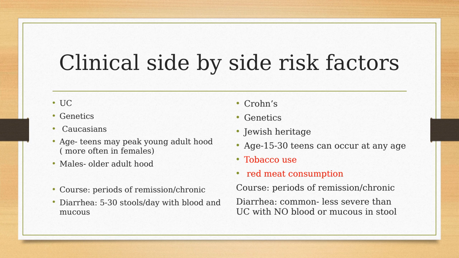So your female teenagers will most likely develop ulcerative colitis from genetic predisposition. Now, what's important for you to understand is the process of what's causing the output. You're not going to see a patient with UC or Crohn's have nausea and vomiting.